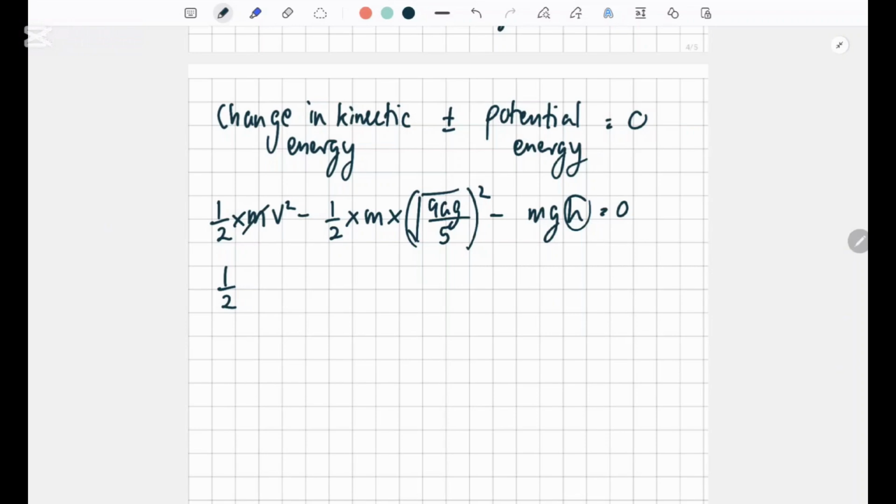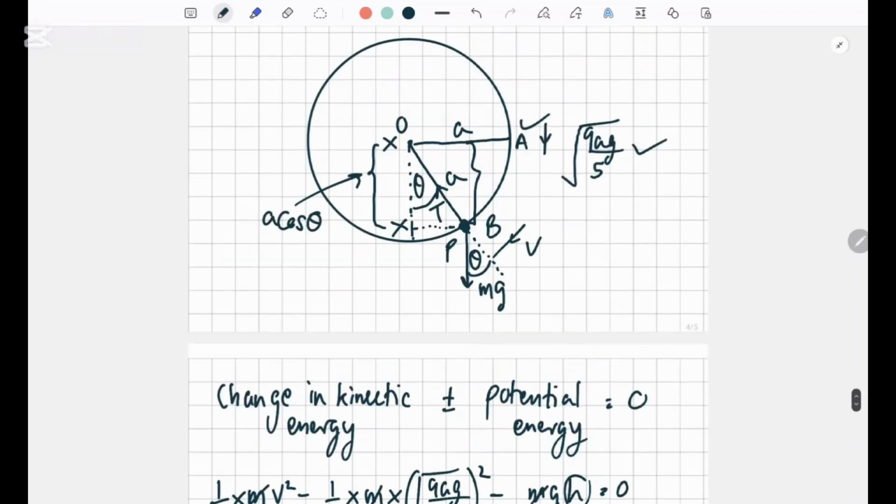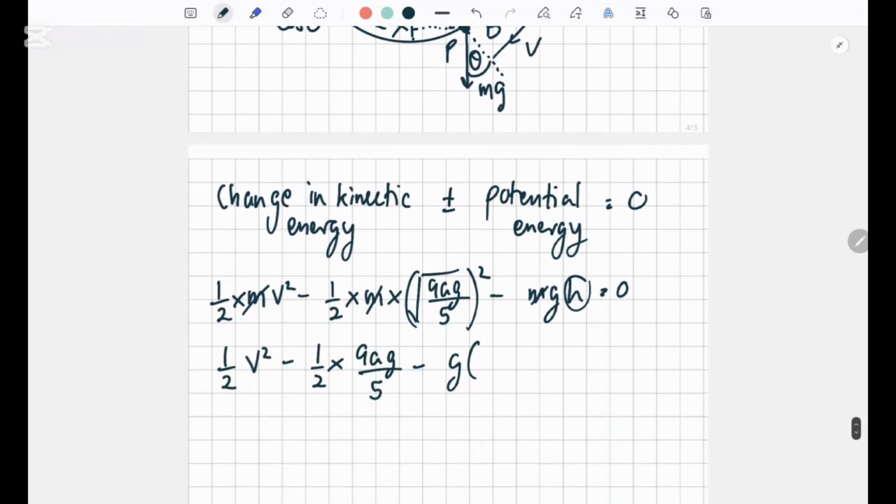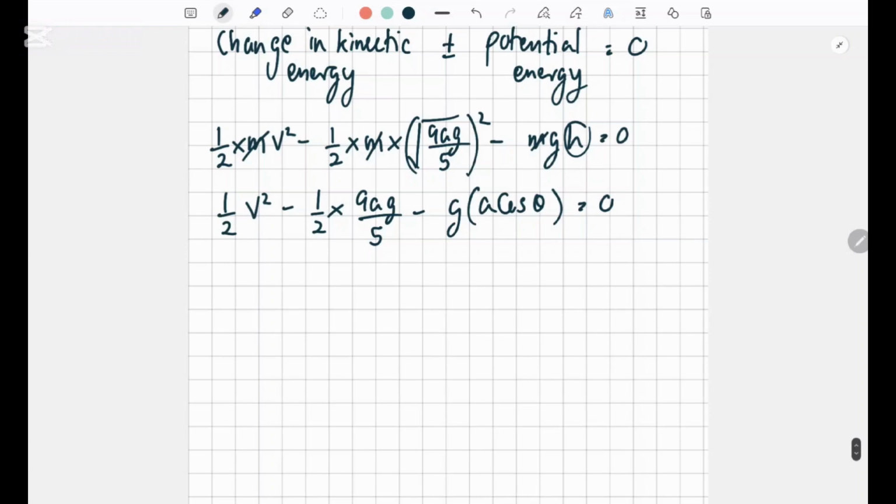So I can cancel off the m's. Half v squared minus half into 9ag over 5 minus g into a cos theta. That's your height.